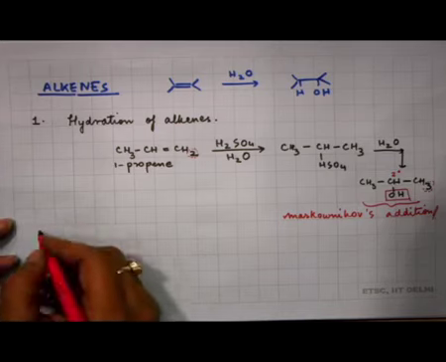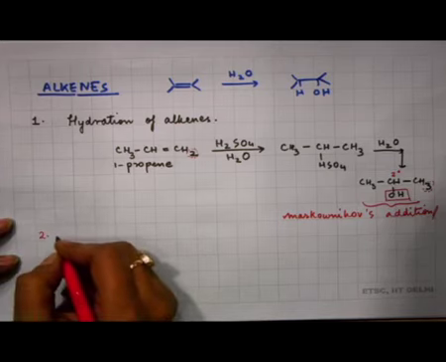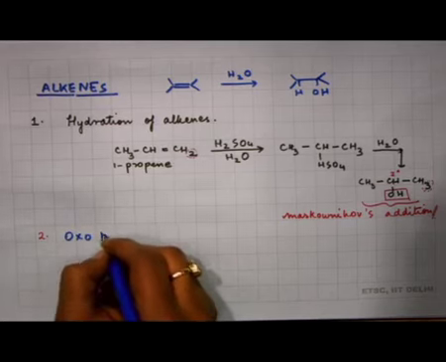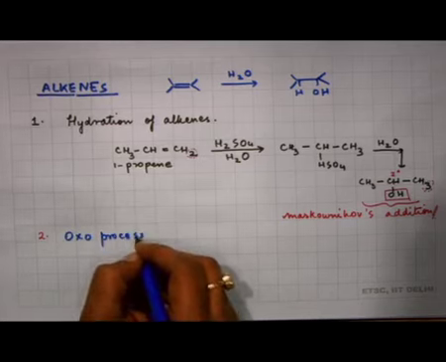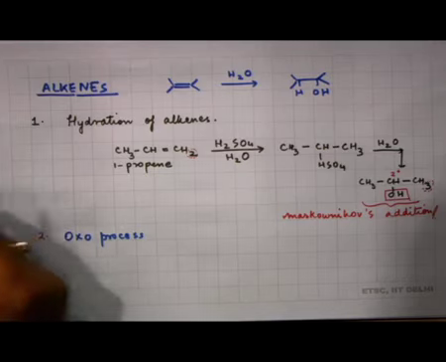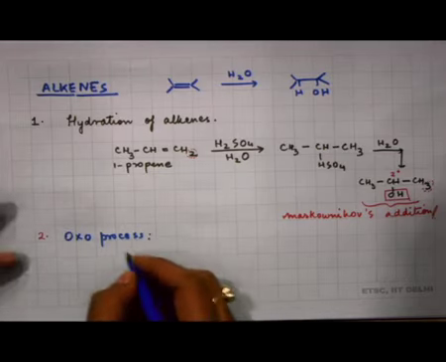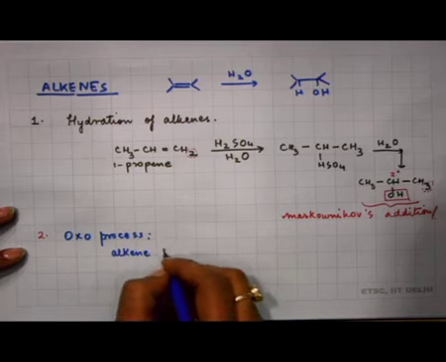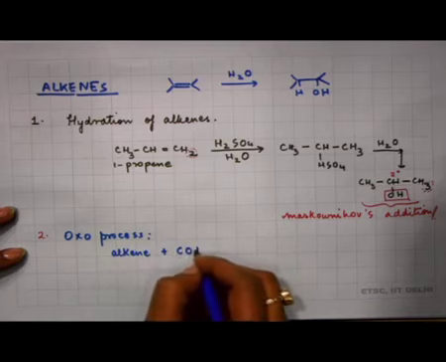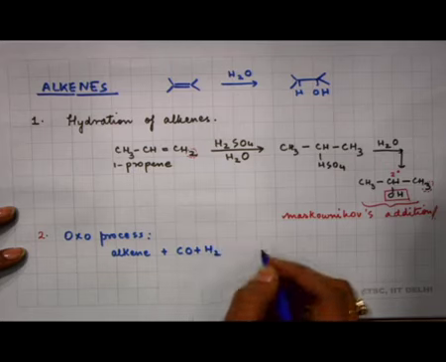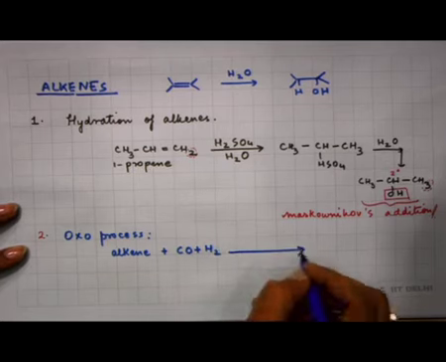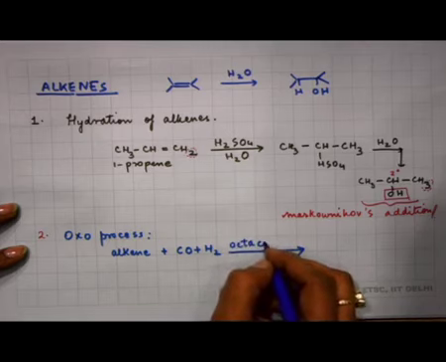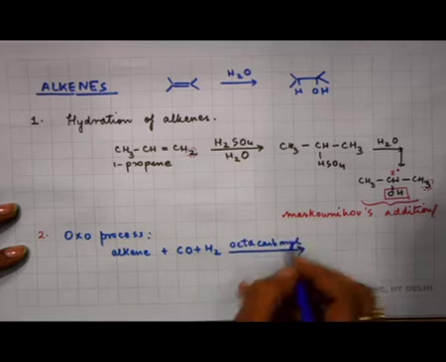The other important process, which is industrially relevant as well, is the oxo process for making alcohols. All right. So, in the oxo process, we start with the alkene, treat it with a carbon monoxide, hydrogen gas mixture in the presence of a cobalt catalyst, which is octacarbonyl dicobalt.